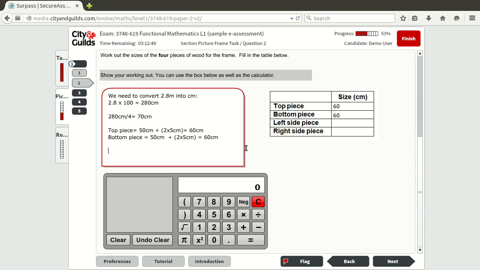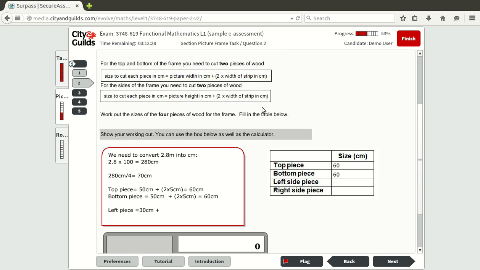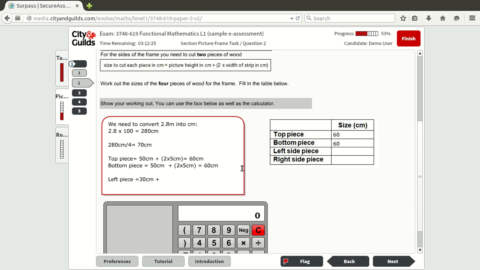Now for our left and right side, or left piece, we know that we used 30 centimeters, and that's plus, let's have a look, it's the same thing. Yes, it is, see, same thing. So it would be 30 centimeters plus 2 times 5 centimeters, and that is equal to 40 centimeters.